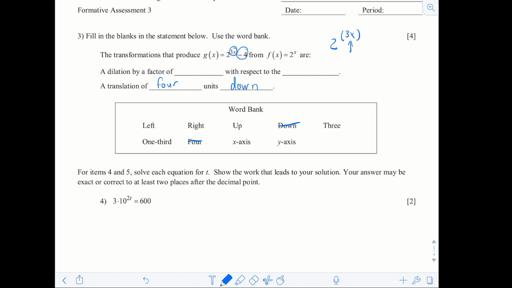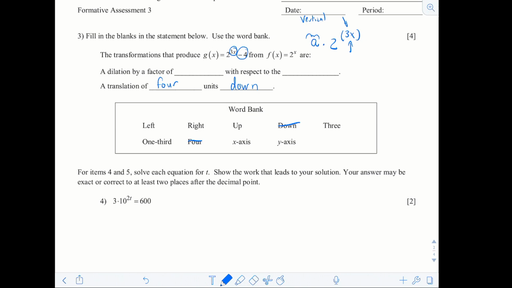Now, when we would be multiplying by a value that would be in front, so let's say that this was a, if we're multiplying, that changes it vertically, and it's going to be some type of stretch, right, if it is greater than 1, but if it's between 0 and 1, then it's going to be a shrink. We kind of talked about that a little bit before, but now they say a dilation by a factor. So since it is inside the parentheses, it's actually the reciprocal of what we would think.